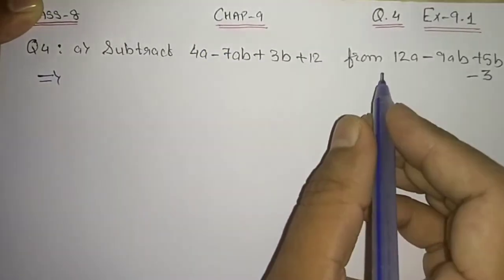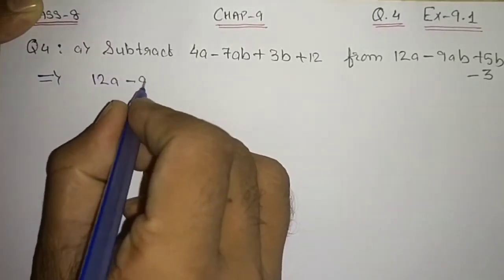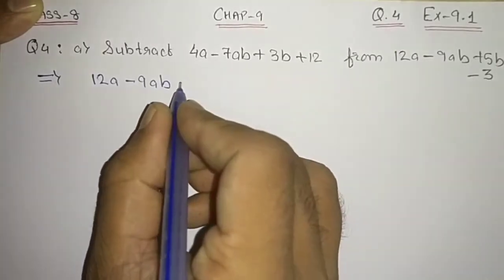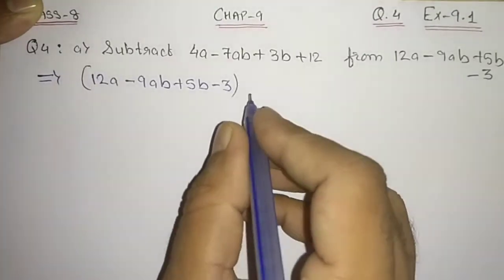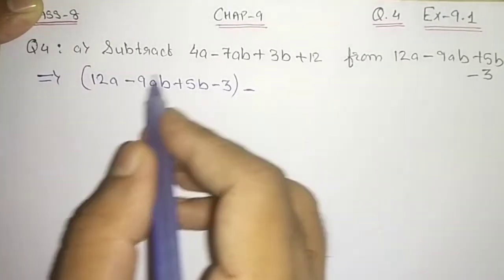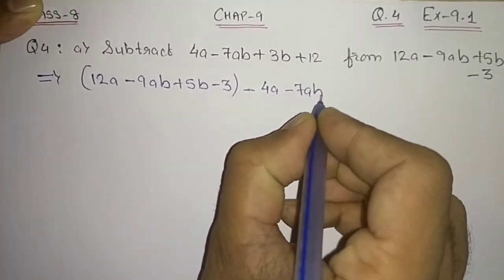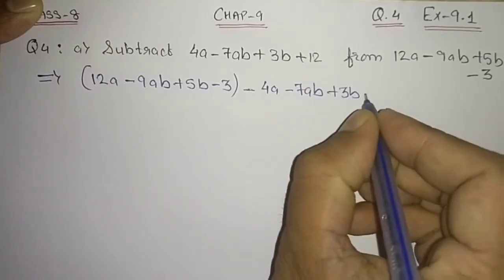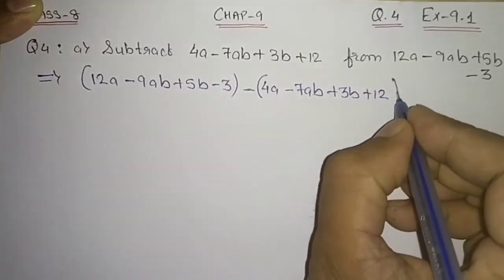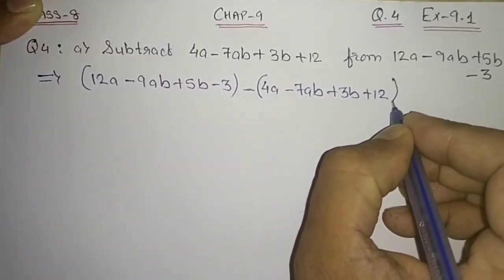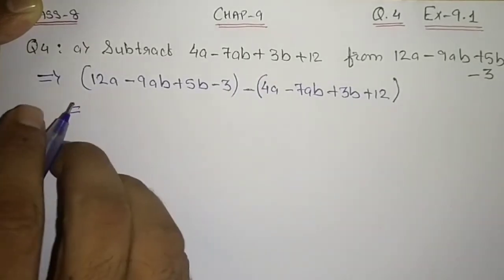Okay, so first I am writing this: 12a minus 9ab plus 5b minus 3 in one bracket, and then subtracting this from this, 4a minus 7ab plus 3b plus 12. I will not forget to close the bracket first, because if I will not close the bracket, the signs will remain the same and your answer will be wrong.